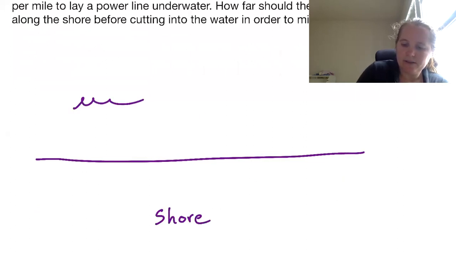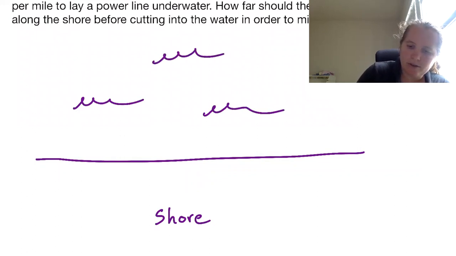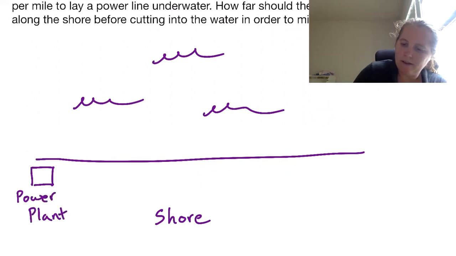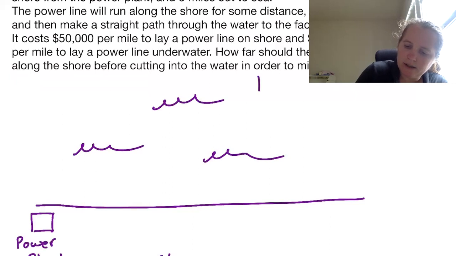Here's the sea. We have our power plant. And then we have our offshore facility.